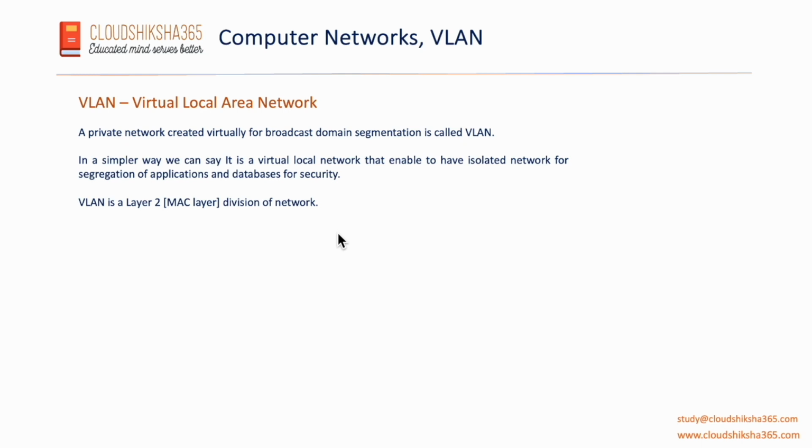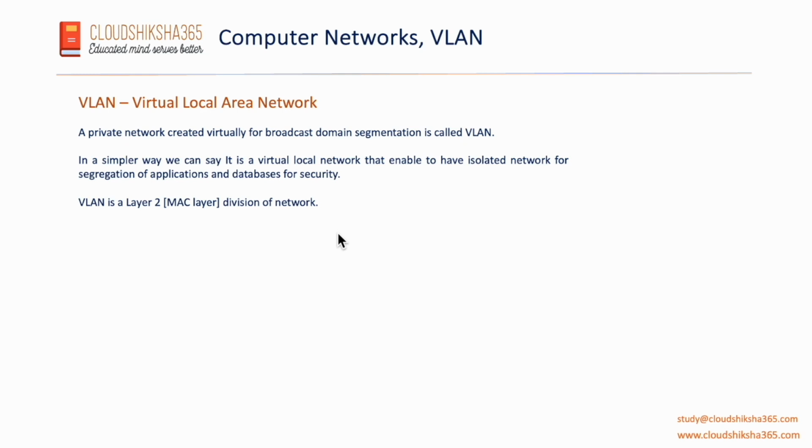However, a deep dive into VLAN is not under the scope of this series, but I will explain in a more detailed view later, and maybe I will also set up one VLAN and demonstrate that, but we will cover that in later videos. For now, just the high-level overview: a virtual local area network is a private network created virtually for broadcast domain segmentation.